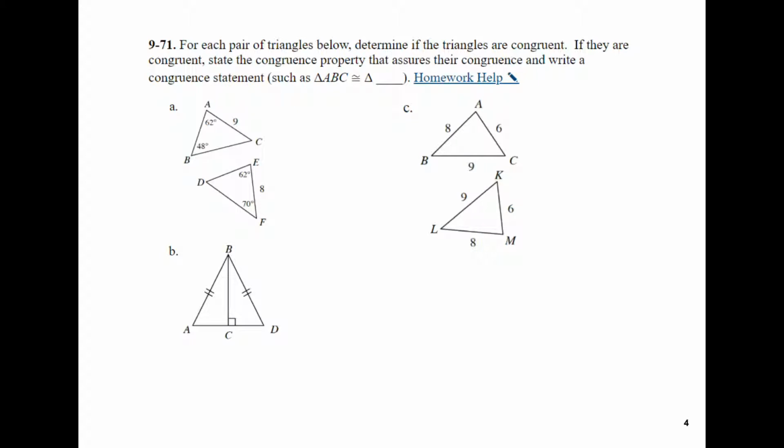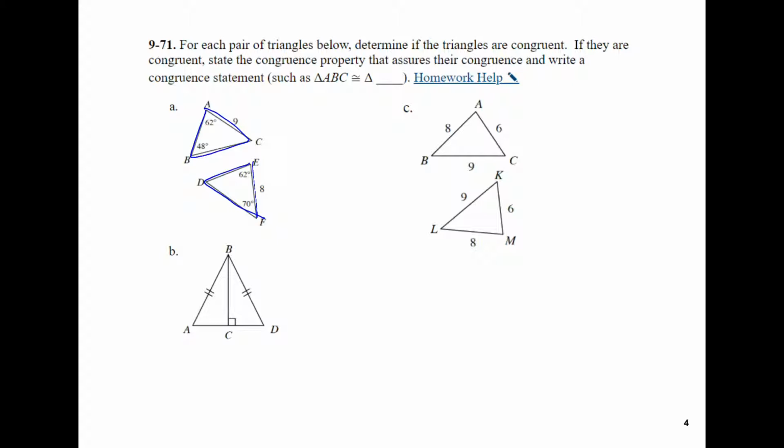9-71, for each pair of triangles below, determine if the triangles are congruent. If they are congruent, state the congruency property that assures their congruence and write a congruence statement such as triangle ABC is congruent to triangle blank. So when we look at letter A, we have triangle ABC and triangle EDF.